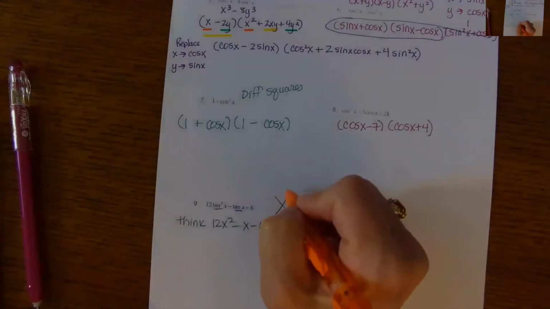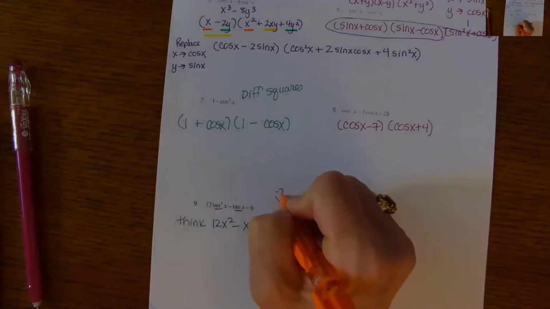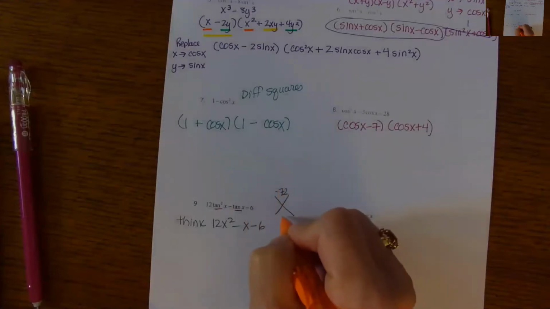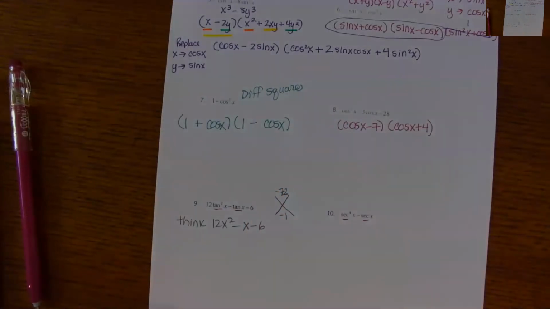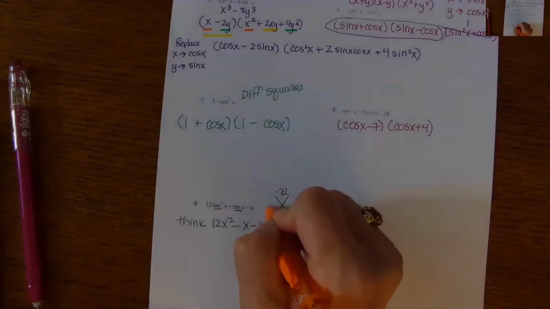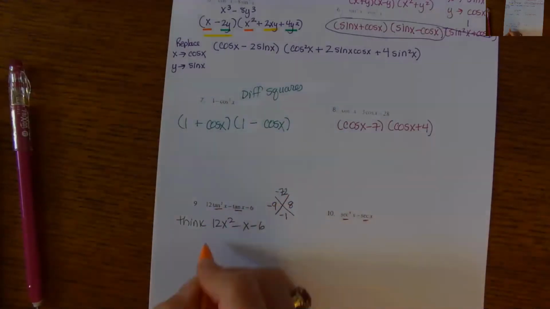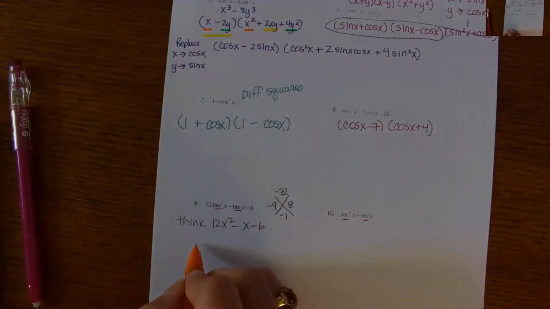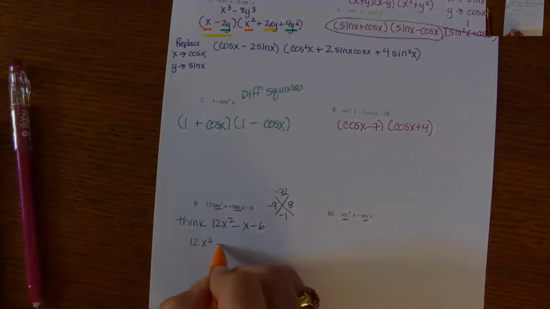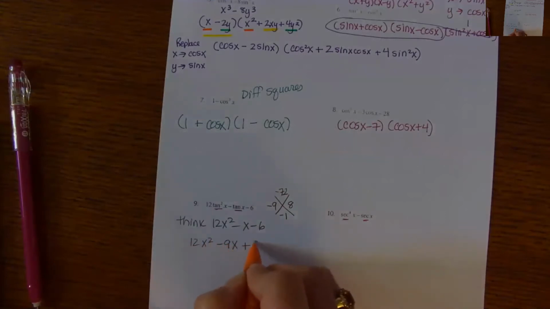We need them to multiply to negative 72 and add up to negative 1. And what numbers are those? Negative 9 and 8. So we rewrite it, right? 12x squared minus 9x plus 8x minus 6.